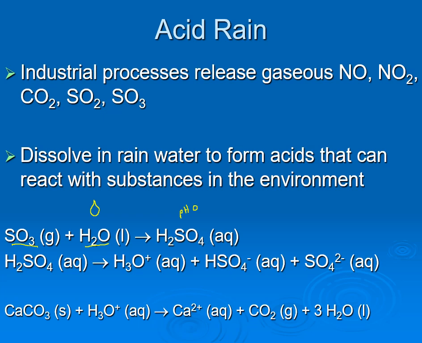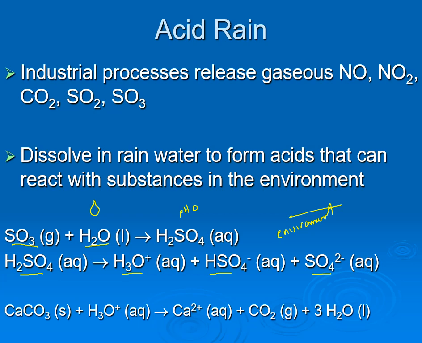And when that happens, of course, it comes down as a raindrop. In that raindrop, not only would you have maybe just a touch of the molecule itself, but it's going to ionize, and it's going to make your hydronium, your hydrogen sulfate, and your sulfate polyatomic ions, all of which are very reactive and can interact with the environment, and never in a very good way.